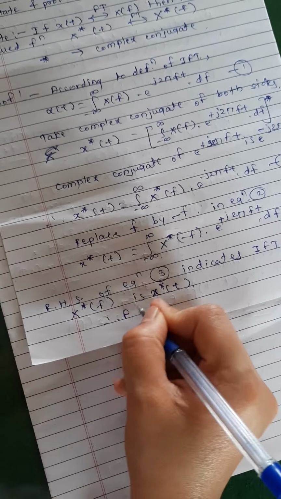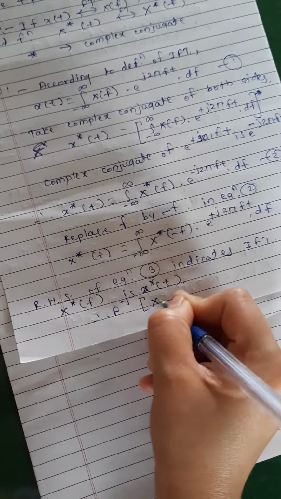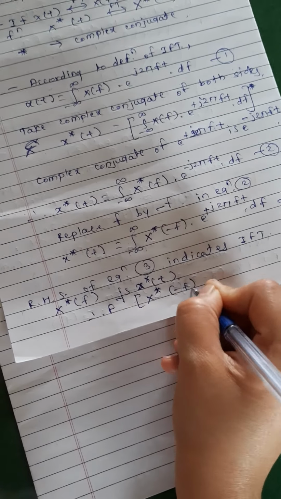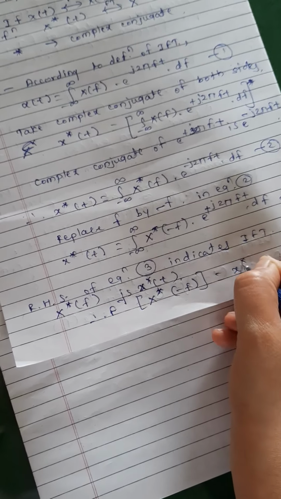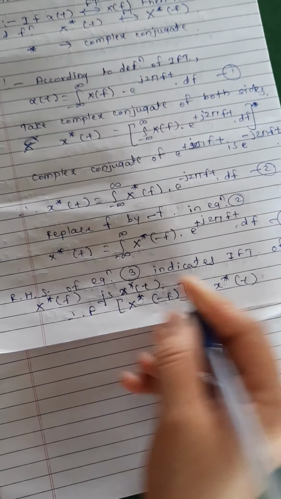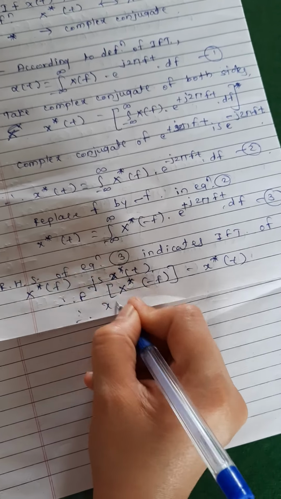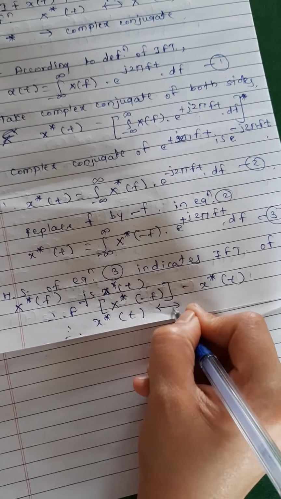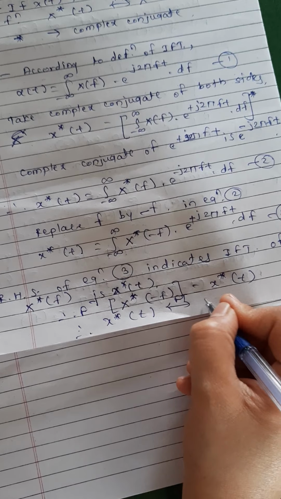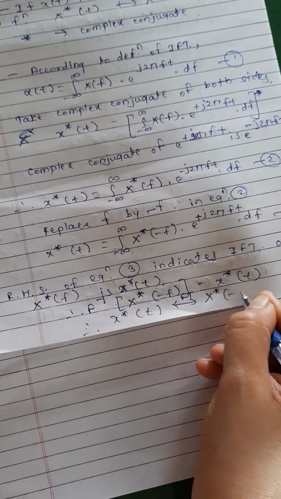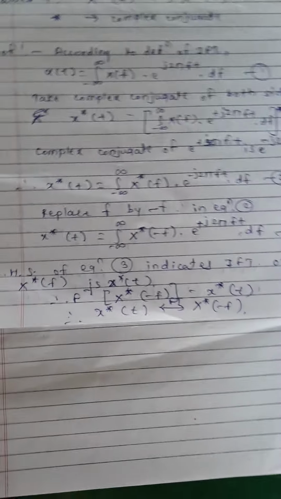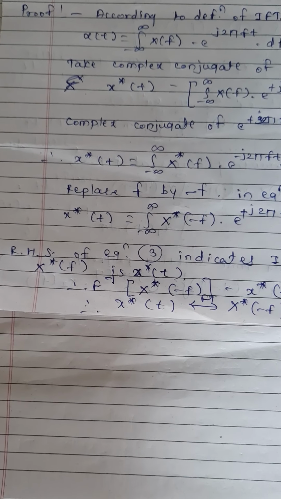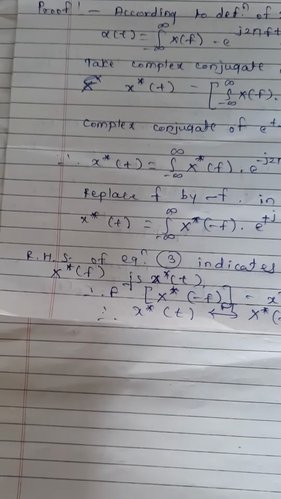Therefore the inverse Fourier transform of the complex conjugate of X of minus f is the complex conjugate of x of t. So we can write the Fourier transform of the conjugate of x of t as the conjugate of X of minus f. Fourier transform has the conjugate property, that is X of f is equal to the complex conjugate of X of minus f.